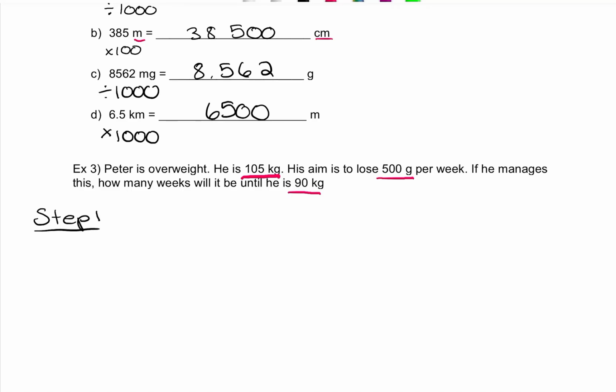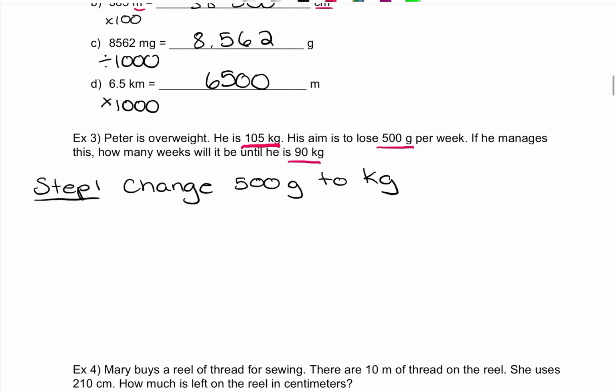So step 1, we are going to change 500g to kilograms. So I'm going to set this up the way that it was on the previous examples. I'm going to write 500g equals with a blank with my ending unit. So we're going to look at our formula sheet or go back and look at the charts on the previous page.